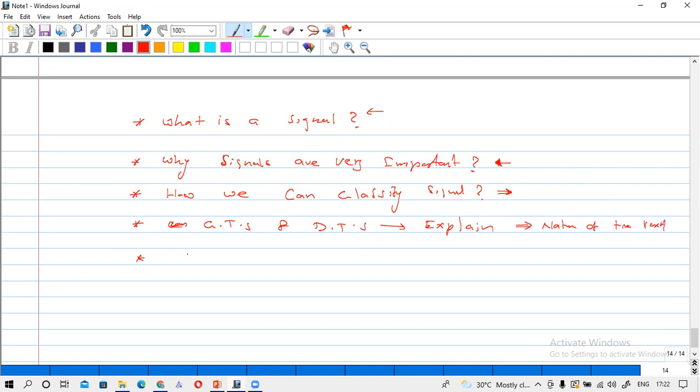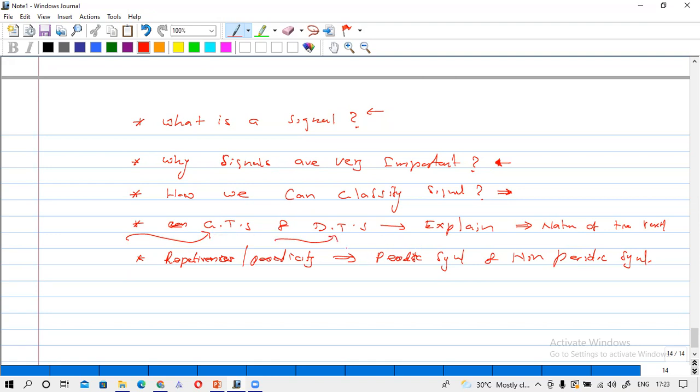And again, we have classified signals in another form, based on repetitiveness or periodicity. That is periodic signal and non-periodic signal. So you should be able to answer what is a continuous time signal, what is a discrete time signal, and how you classify them.